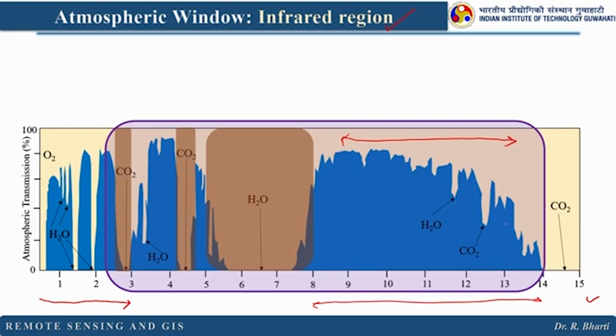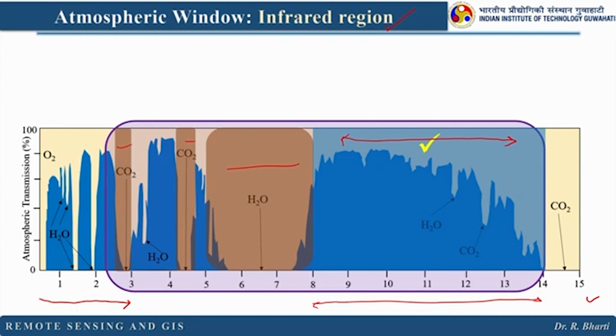Because here transmission is continuous and there are no in-between gaps. If my sensor is working in this area, or this area, we may not receive the emitted energy from the surface.